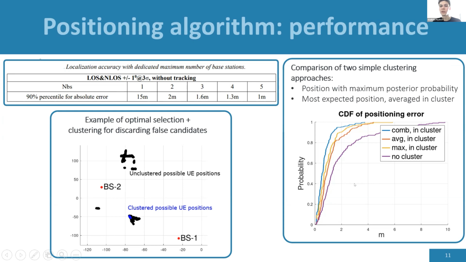If we combine both of these strategies, we can provide an error which is very close to the LOS case from the previous slide. It means that we were able to cope with NLOS outliers coming from the very low accuracy of a digital map and from inaccuracy of angle of arrival estimation.